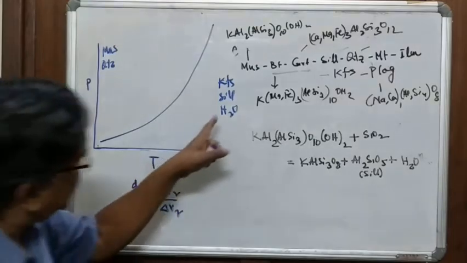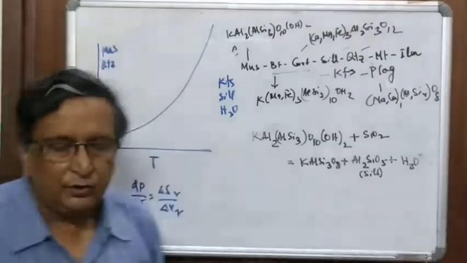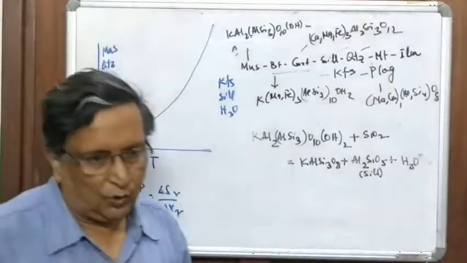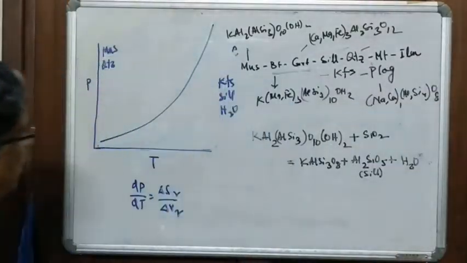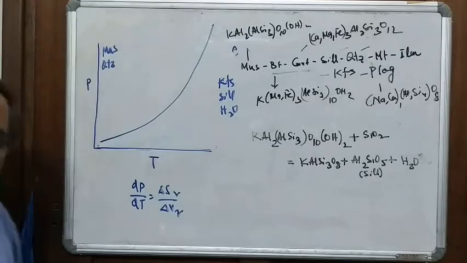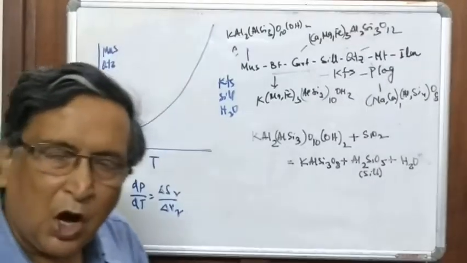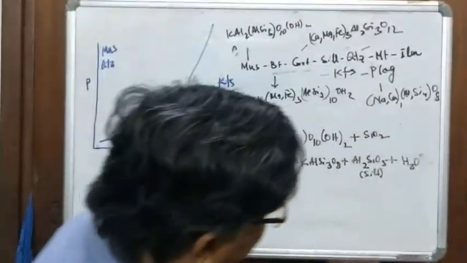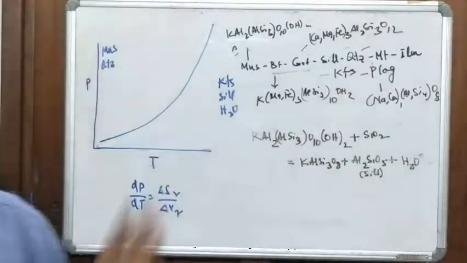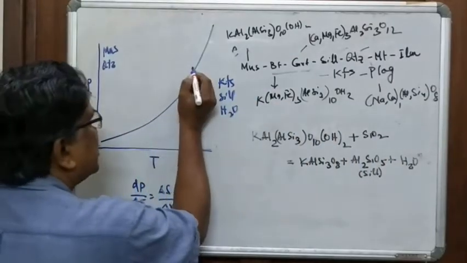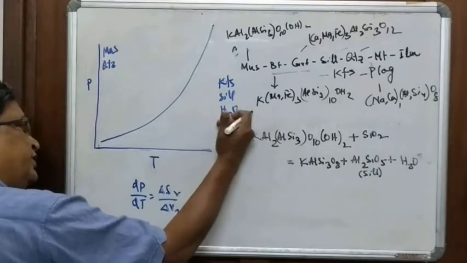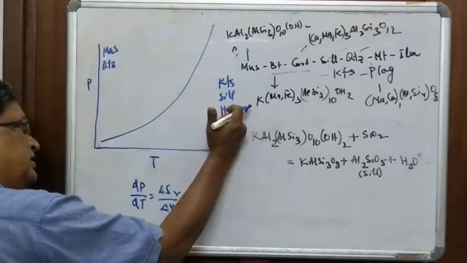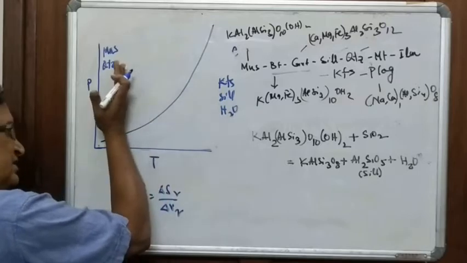Now, this XH2O value, if you reduce XH2O, I also discussed this before, based on Le Chatelier's principle and the law of mass action: H2O is on this side, so if you reduce the activity of H2O, then the reaction moves to the opposite side.